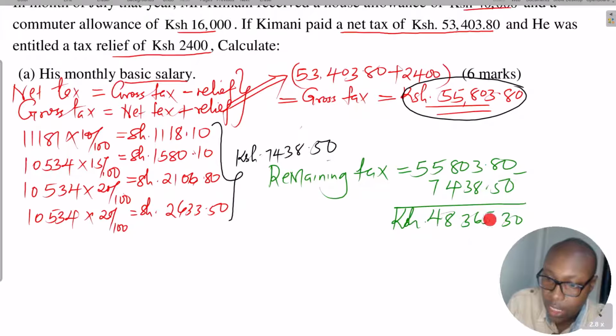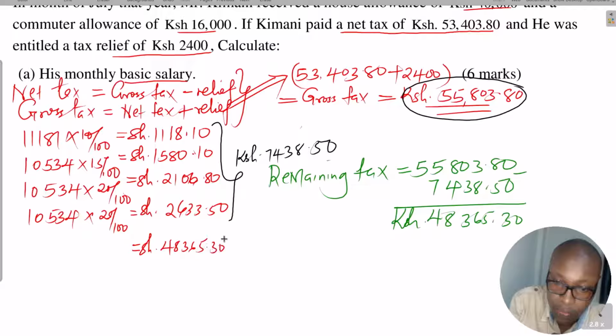This is whatever is remaining, the tax that will go to the last band. That is the tax that should go to the last band.